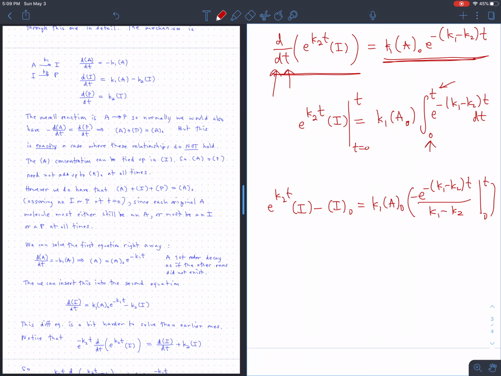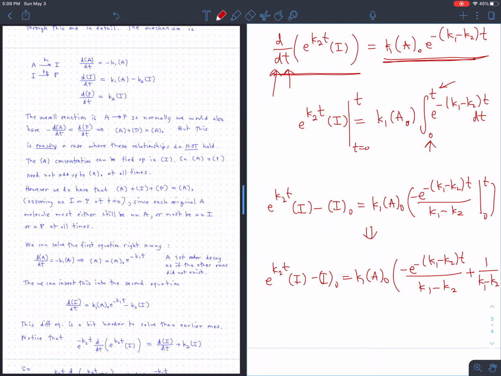And that is equal to, I was going to skip some steps, but let me not. That's e to the K2t times I minus I0 equals K1 times A0 times minus e to the minus K1 minus K2 t over K1 minus K2 plus 1 over K1 minus K2.